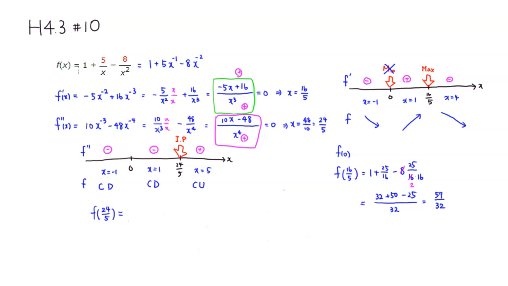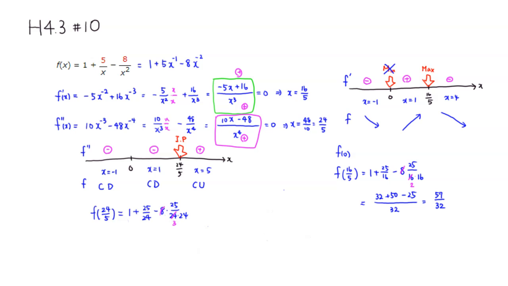This is equal to 1 plus 5 times the reciprocal of x, so it's 25 over 24, and minus 8 times the reciprocal of x squared. So it's going to be 5 squared is 25, and then 24 times 24. We can cancel 8 and 24, so you get 3.